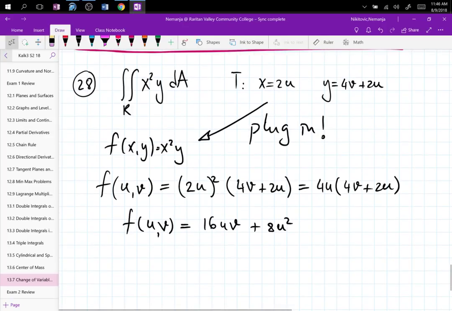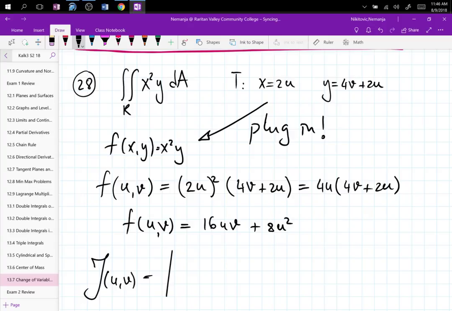So the Jacobian of u, v is the partial x, partial u, partial x, partial v, partial y, partial u, partial y, partial v. There we go. And you find the determinant for that.